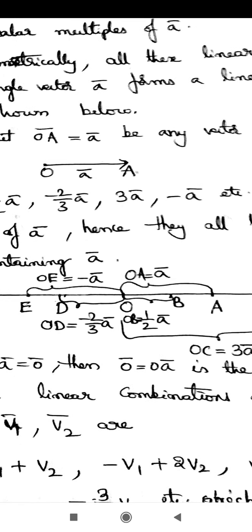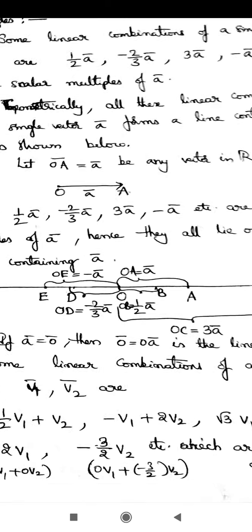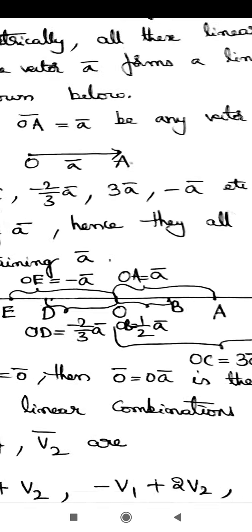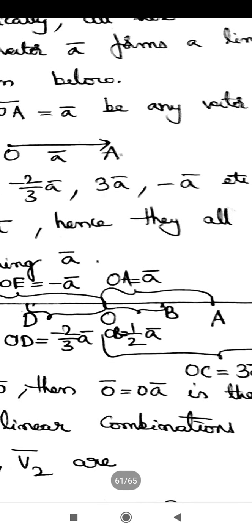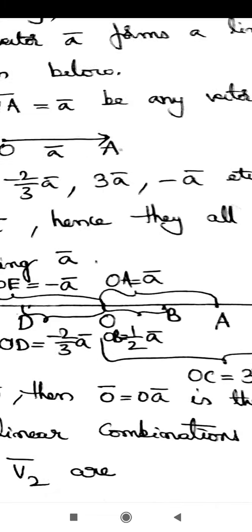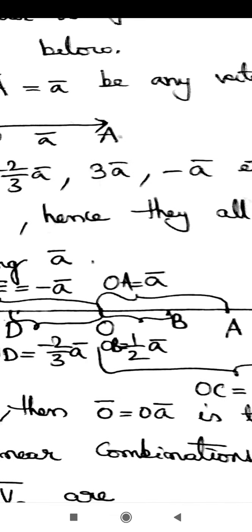See here in the diagram, I have taken a real line, which is a horizontal line. On that, O is the origin and OA is represented as a bar. I have shown you OA equal to a bar in this figure, and OB is a vector which is 1 by 2 of a bar.